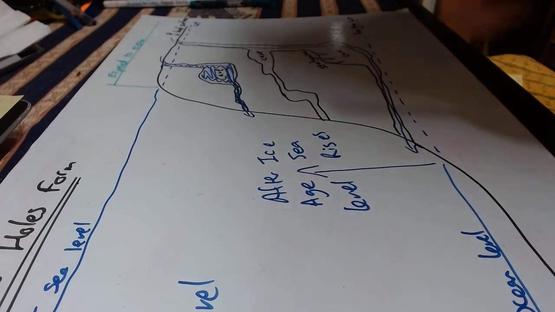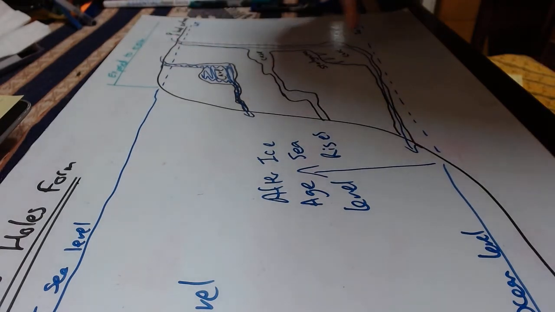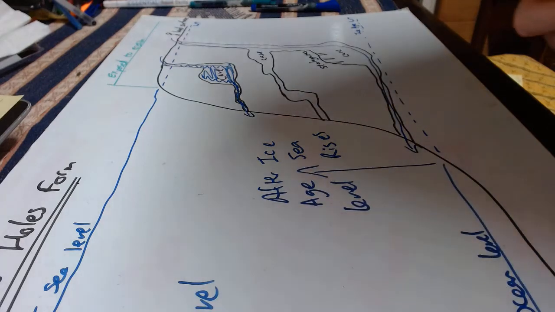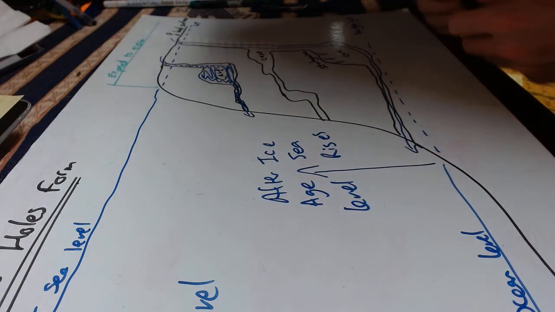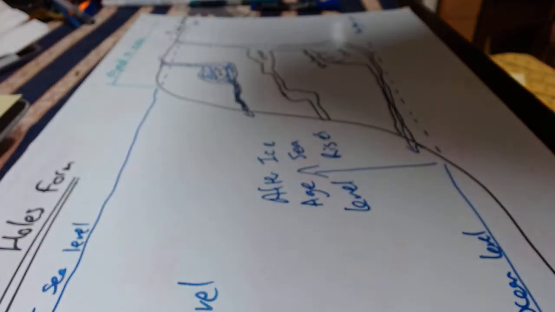All of them are filled up, but when we stand at the top, we're looking down into a blue hole. Now we said that the water during the ice age dropped about 122 meters. All of our blue holes in the Bahamas except Dean's Blue Hole are less than that deep. So that's how we know this happened.